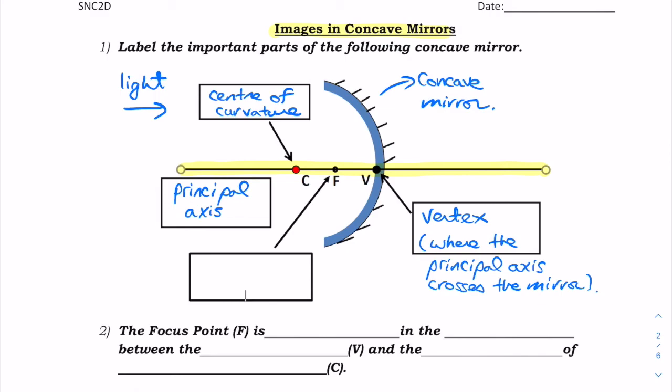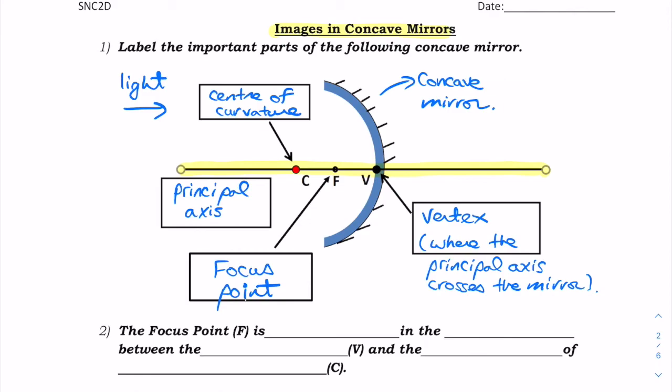Next up, you'll see a point labeled capital F. We refer to this as the focal point or the focus point. And we'll talk more about what the focus point does in a little bit.